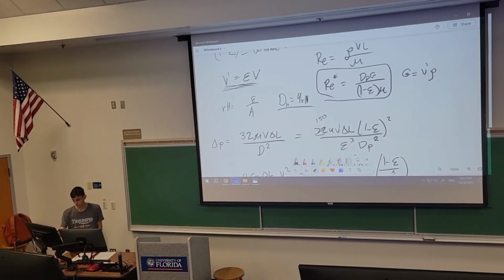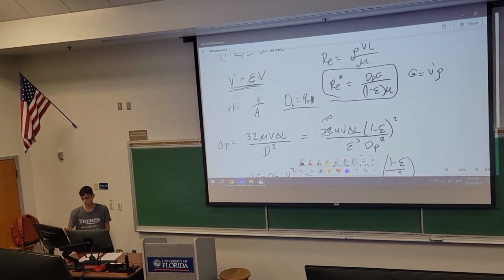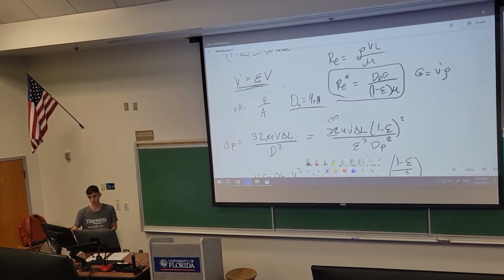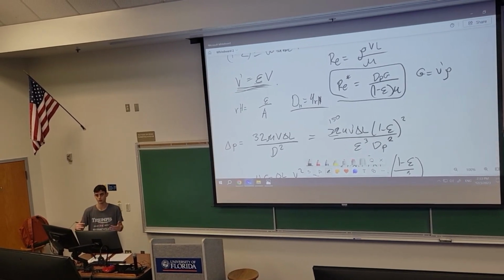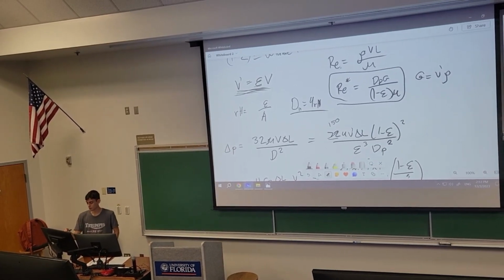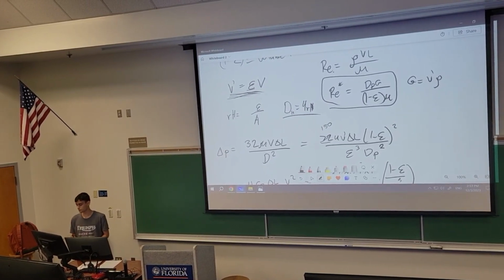And this void thing here is kind of the correction factor, where we can relate the superficial, not so useful one, with the interstitial velocity, which does account for the fact that there are particles in there, okay? And then now we can talk about our Reynolds number, which has velocity in it.